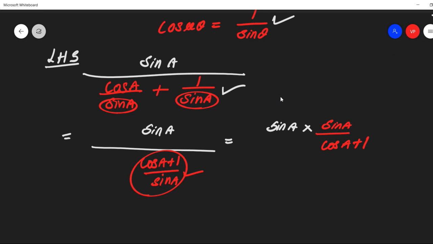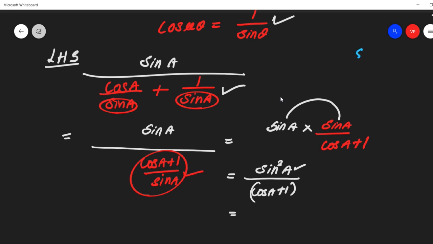First step substituting; second step, you need not take LCM since the denominators are equal, just subtract and take the reciprocal. Now multiply sin A into sin A, we get sin square A by cos A minus 1.